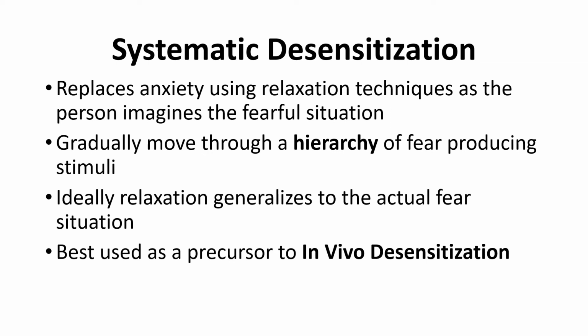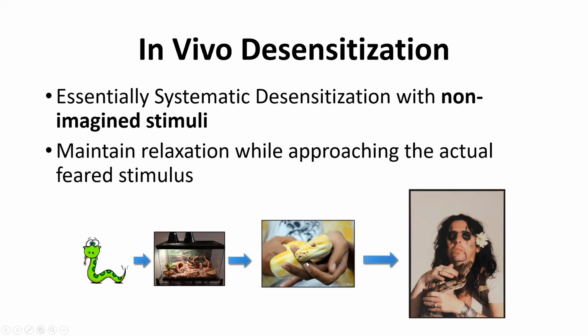So sometimes systematic desensitization is best used as a precursor to the next kind of desensitization that we're going to talk about, which is in vivo desensitization. In vivo just means in the real world. So in vivo desensitization is basically the same as systematic desensitization, but with non-imagined stimuli. Basically with real stimuli.